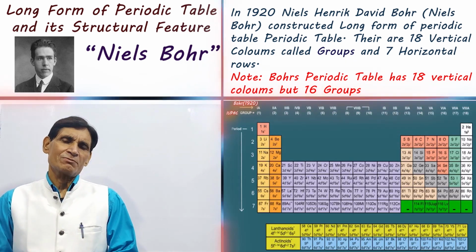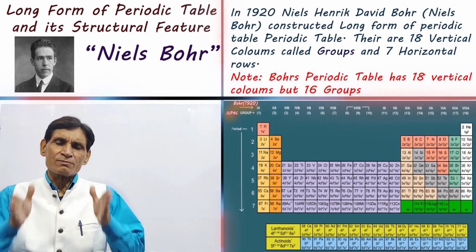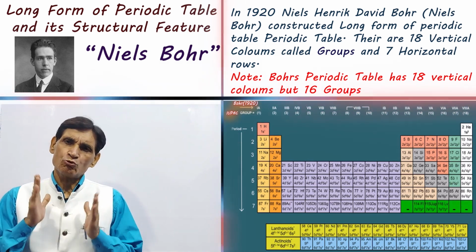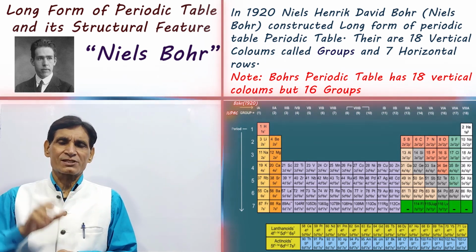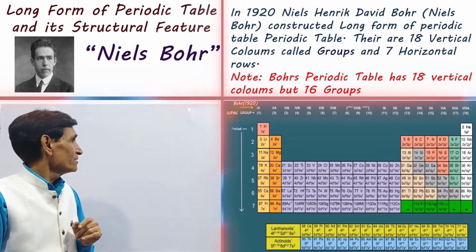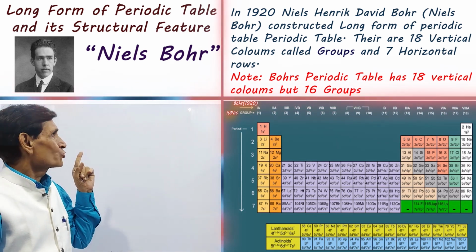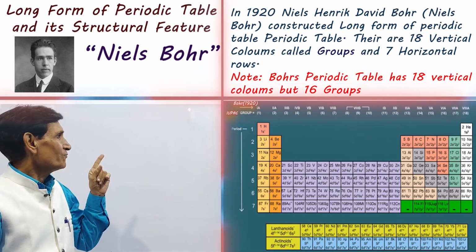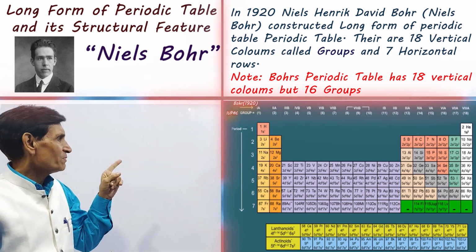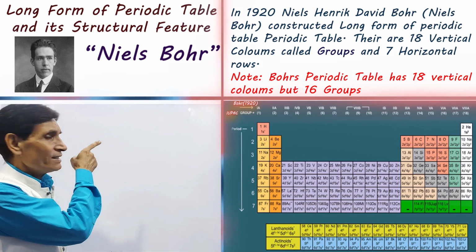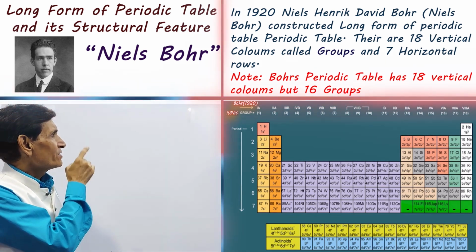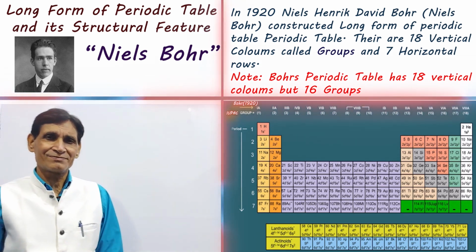In Bohr's periodic table, these vertical columns, which are called groups, are numbered using Roman numerals starting from the left as 1A, 2A, 3B, 4B, 5B, 6B, 7B, 8, first B, second B, then 3A, 4A, 5A, 6A, 7A, 0 group.